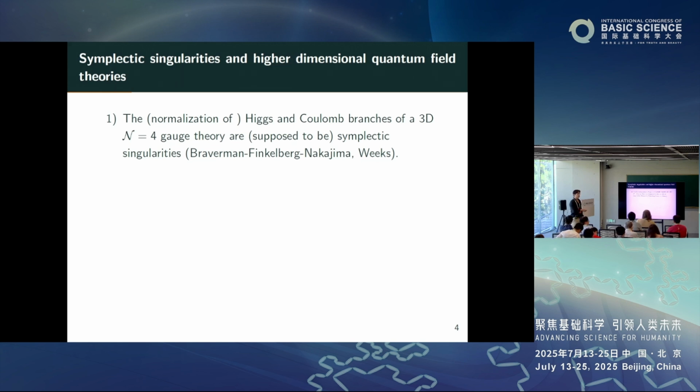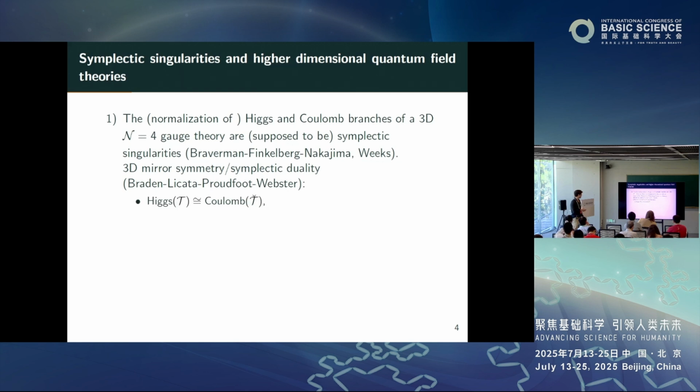The Higgs and Coulomb branches of one theory can look totally different, but there is a very interesting duality between them, which is called 3D mirror symmetry or symplectic duality.